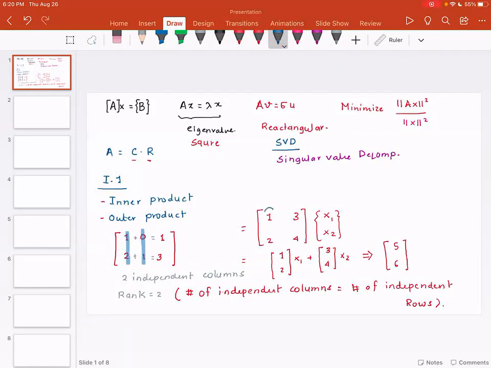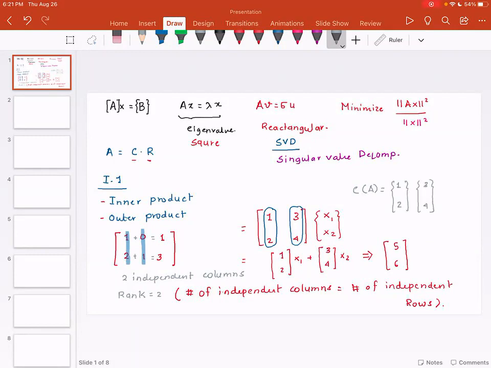So this is the first column. This is the second column. So the column space of A, C of A, is actually 1, 2, and 3, 4. This is what is called the column space.